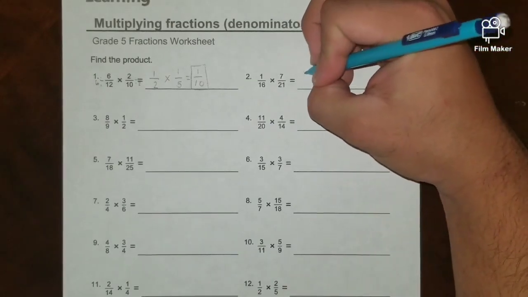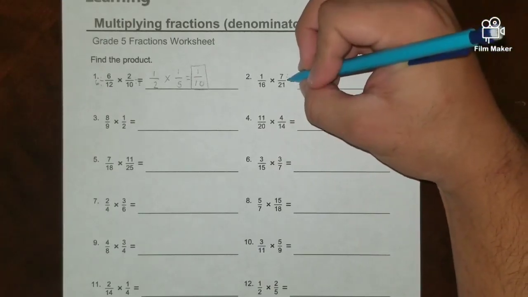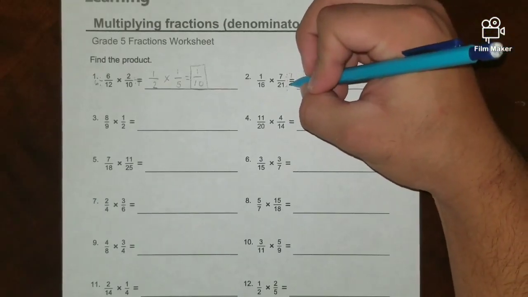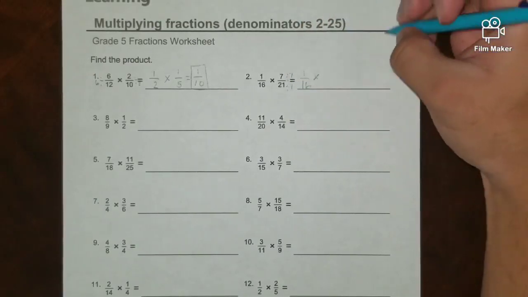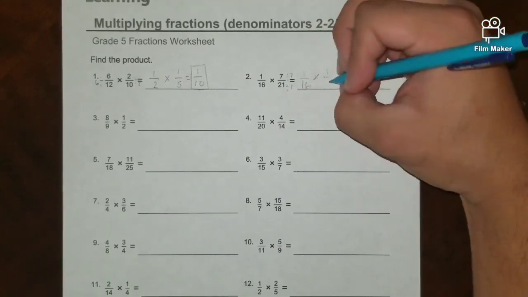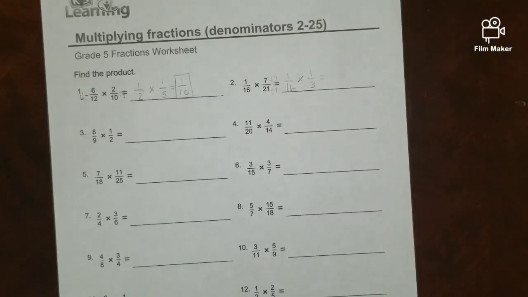So we have 1 over 16 times, and if we took 7 out of each, 7 into 7 gives us 1. 7 into 21 would give us 3. So now, since the fractions cannot be reduced any lower, we can now multiply.